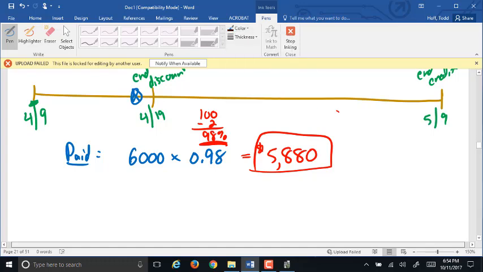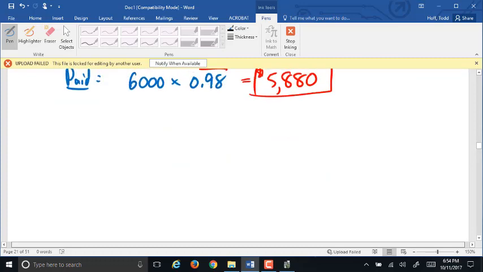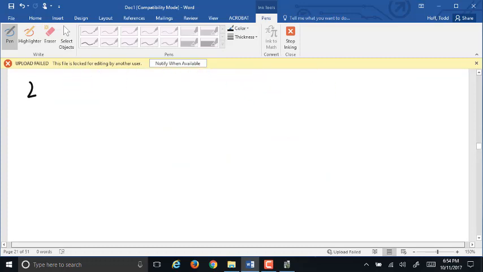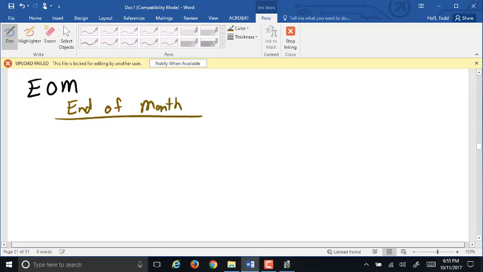The other common modifier that comes into play is EOM. EOM stands for end of month. Now, end of month is an oversimplification of this.